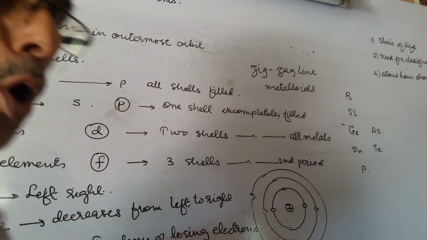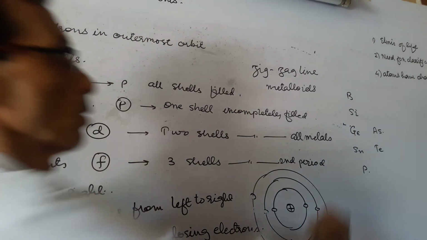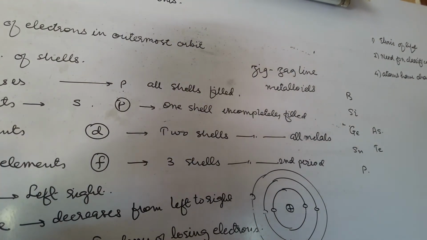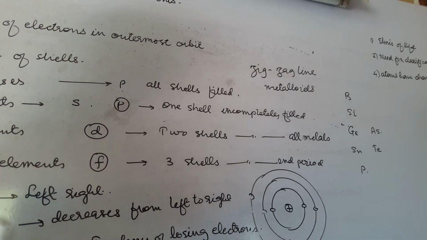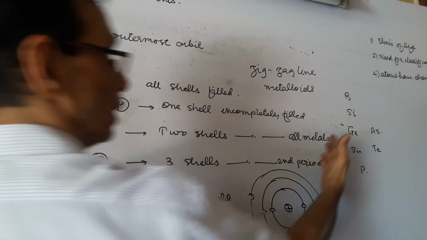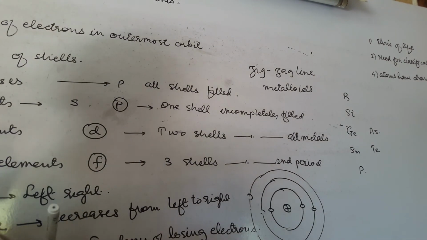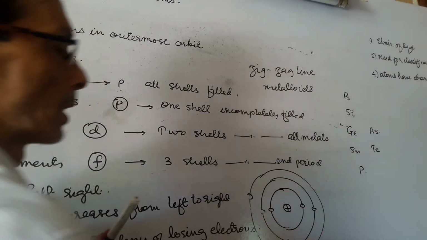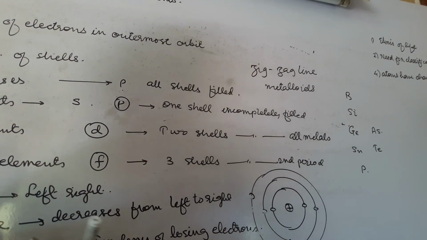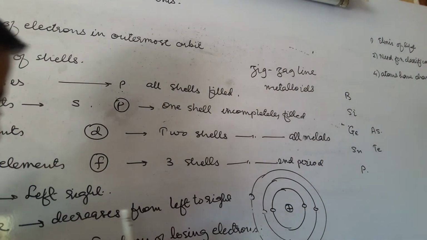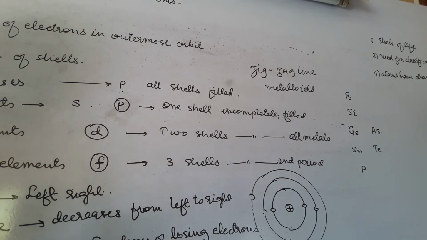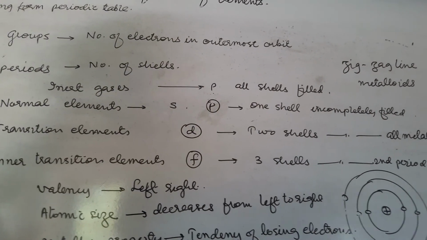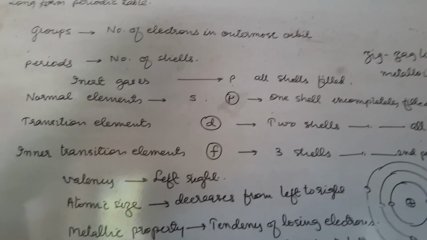So on the left side of the metalloids, metals are there, and on the right side of the metalloids, non-metals are there, and then last, the gases are there.